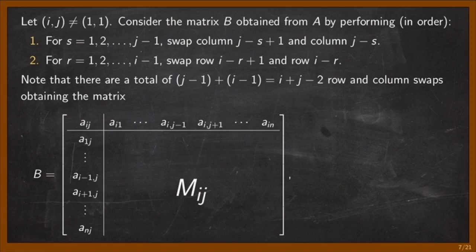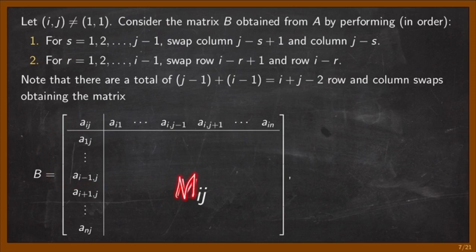As you can see, on the row that contains aij, the other entries are precisely the entries in the ith row, where the entry aij is now placed in the first position, leaving the jth position blank. On the other hand, the jth column of the original matrix A is now located here, where the entry on the ith row was placed in the first position, and here nothing is left.